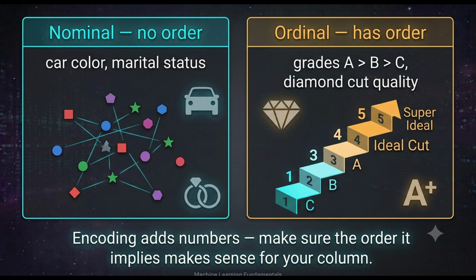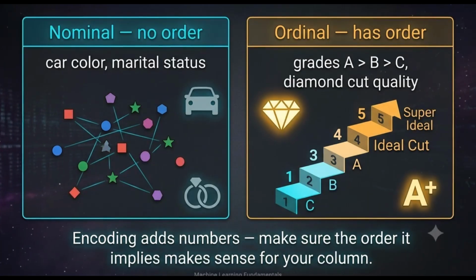A nice sanity check is to count how many rows fall into each category before and after encoding. The counts should match perfectly, which confirms that every ideal became the same number and nothing got scrambled in translation. This whole process of crafting model-friendly columns from raw ones is what people mean when they say feature engineering.